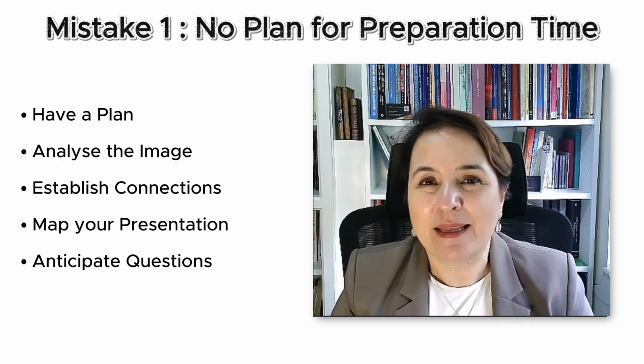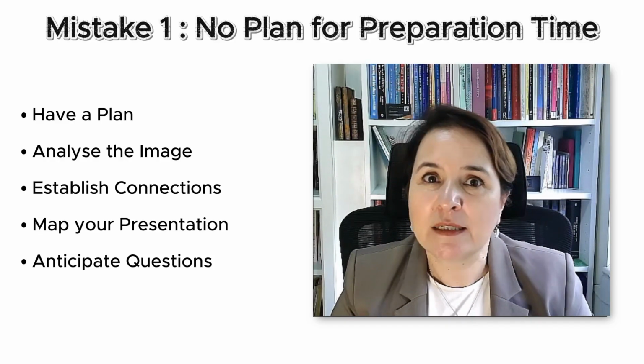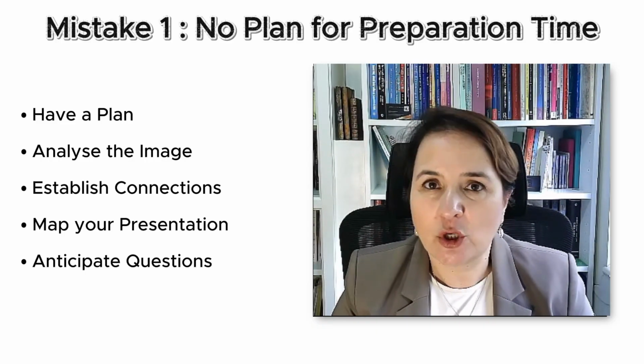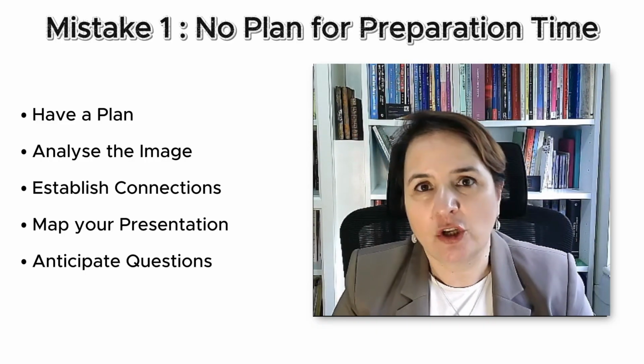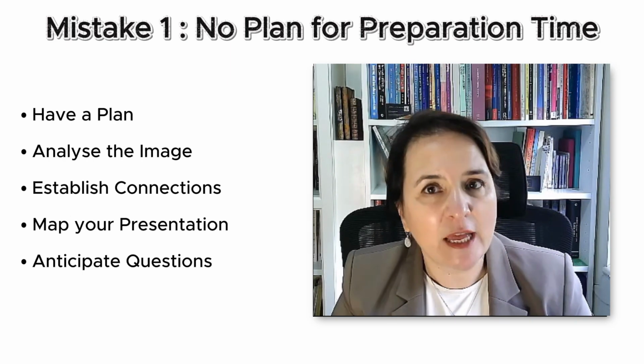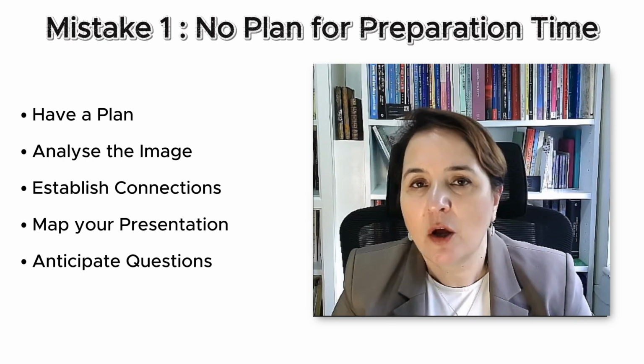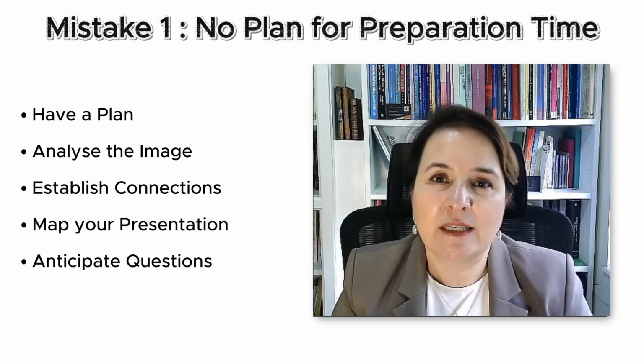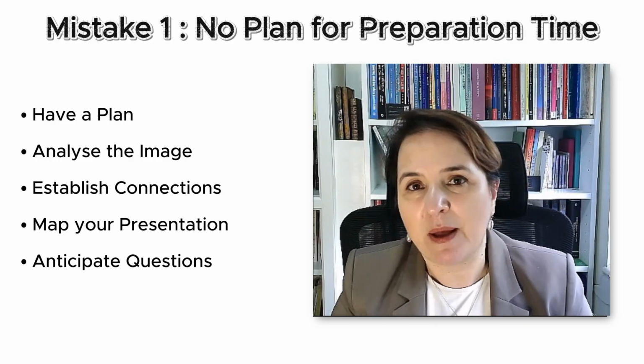And this plan can be something as simple as step 1, look at the photograph, try to understand what is going on, what is the connection between the stimulus and the topic that it represents, or the thematic area, and also all the connections that you can see with a particular Hispanic context.